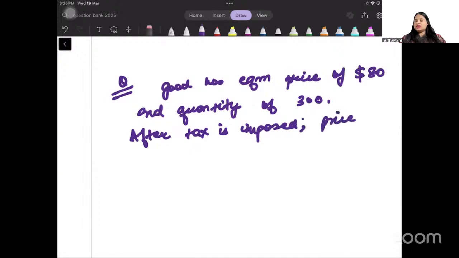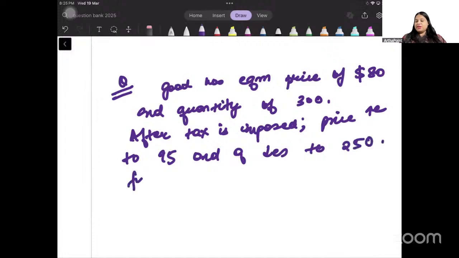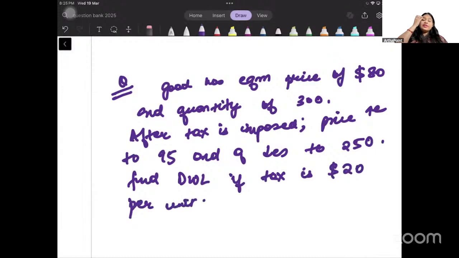Price increases to 95 and quantity falls to 250. Find deadweight loss if tax is 20 per unit. बेटा ये होमवर्क क्वेश्चन है. पोस्ट योर आंसर्स इन द टेलीग्राम ग्रुप. ओके. ठीक है. लेट्स मूव ऑन टू द नेक्स्ट क्वेश्चन.